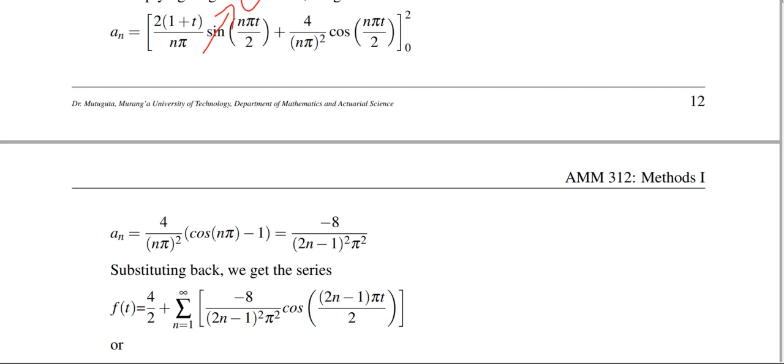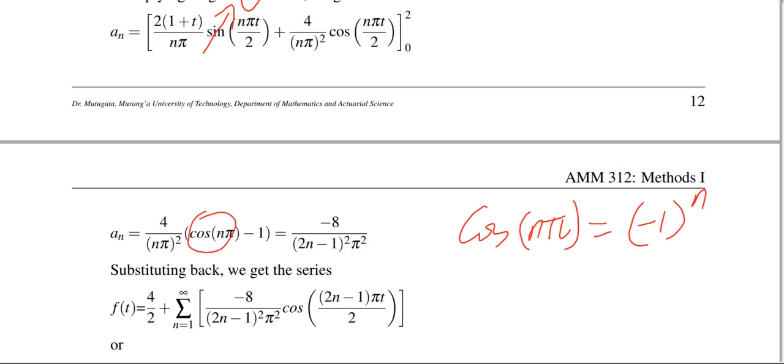And remember, cosine of n pi is equal to minus 1 raised to power n. So this quantity here will be minus 1 raised to power n.